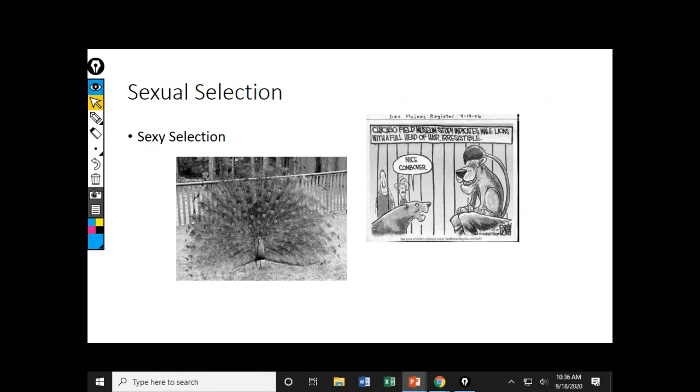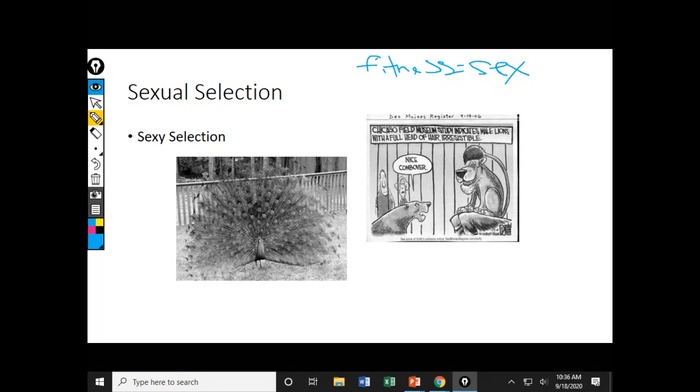Its fitness piece is based solely on sex, the singular goal of attracting another of the same species.